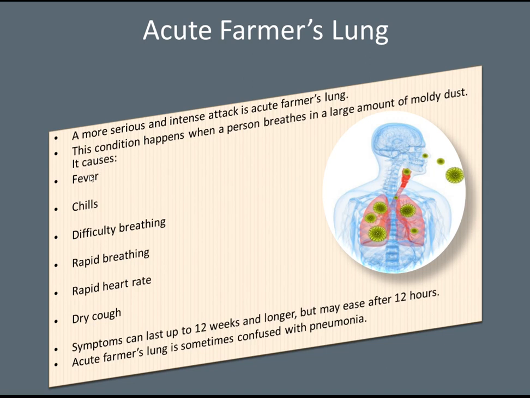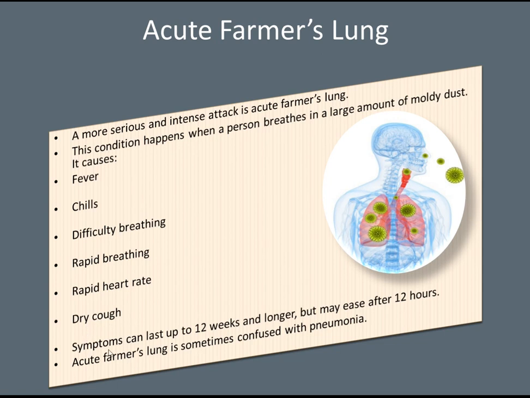What are they? First is the fever, next is chills, next is breathing difficulty, next is rapid breathing, that means a heightened rate of breathing. Technically we term it as tachypnea. Then the heart rate will increase, so the heart rate becomes rapid, and there will be a cough. The cough is dry in nature, that means this cough is not going to produce any kind of sputum.